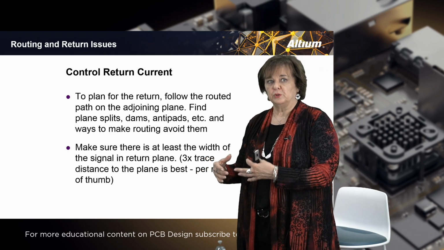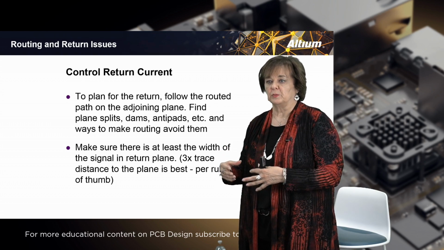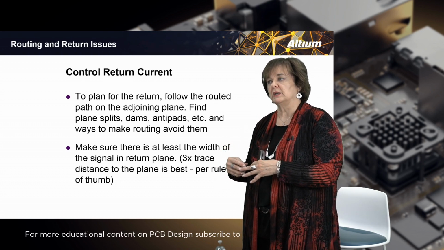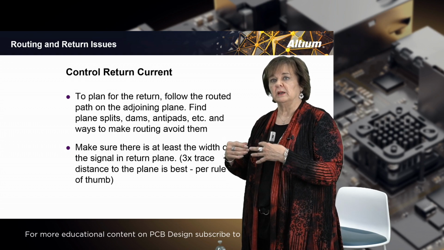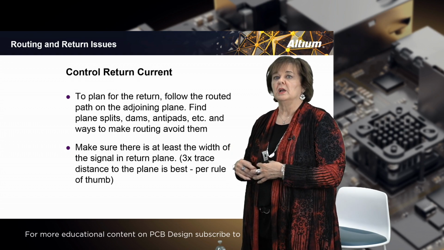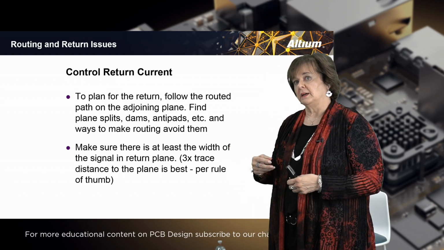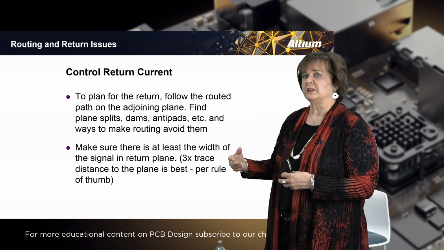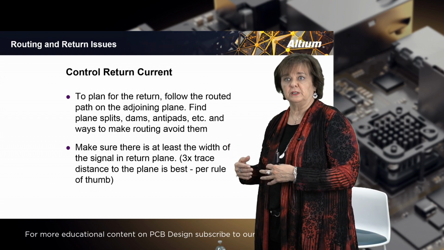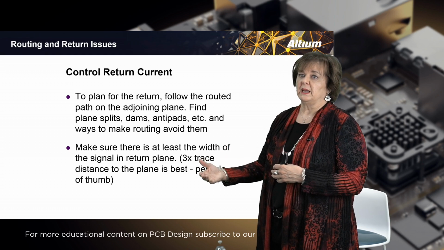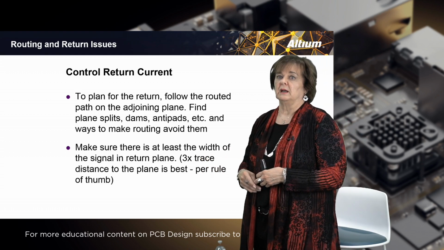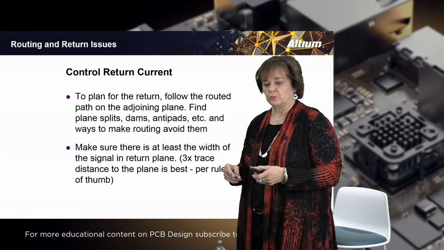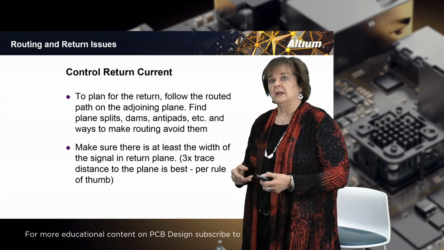But after you have designed a certain area of the board, you also want to go in and look at what you have done and what the return possibilities are on the other layers, and you want to make sure that there is at least the width of a signal in the return plane, and 3x the trace distance to the plane is the best, per the rule of thumb that I mentioned earlier.